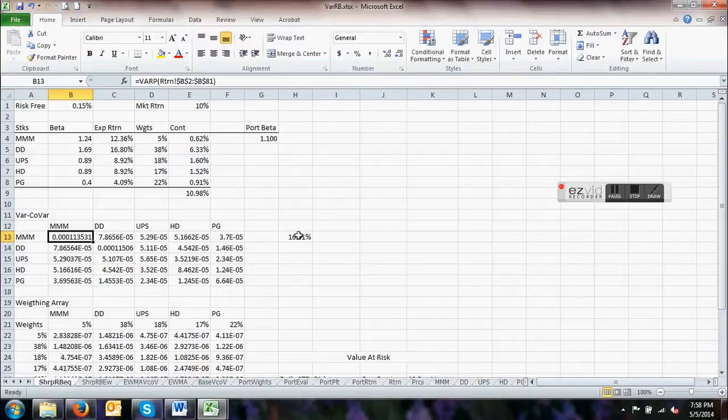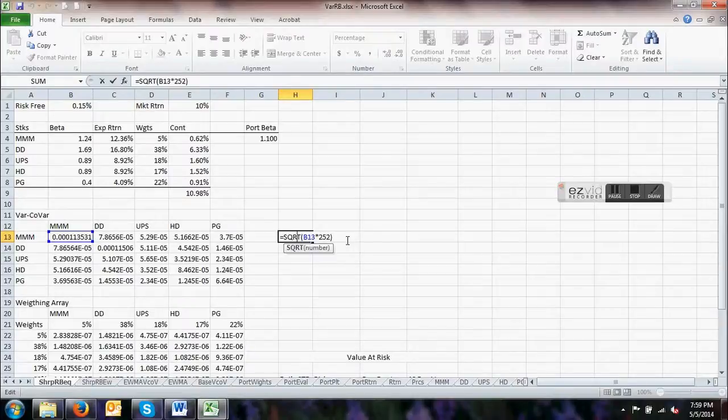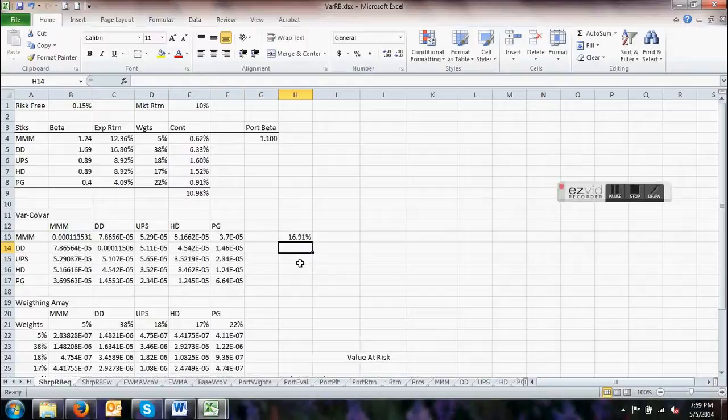And if we just come over here, we take the square root of our estimate of volatility, and we multiply it by 252. That's going to annualize this. And that gives us our 16.91%.